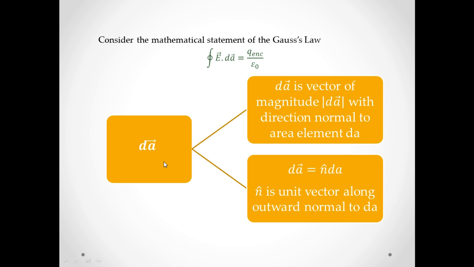This area vector dA is defined as the vector of magnitude modulus dA, and its direction is the outward normal at the area element dA. So vector dA is equal to n cap dA, where n cap is the unit vector along the outward normal to dA.